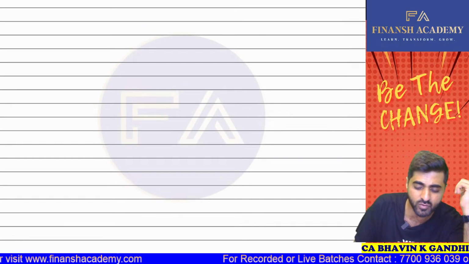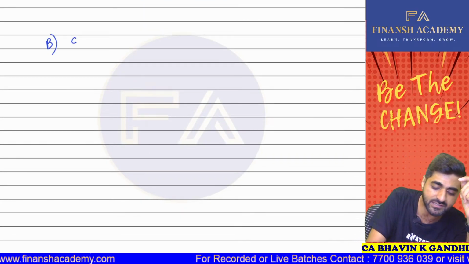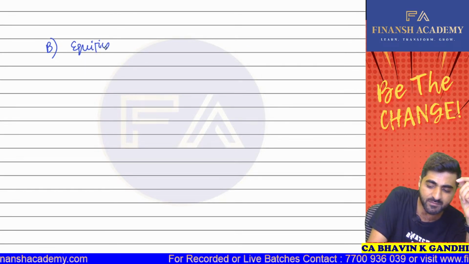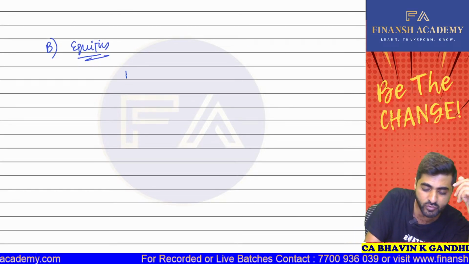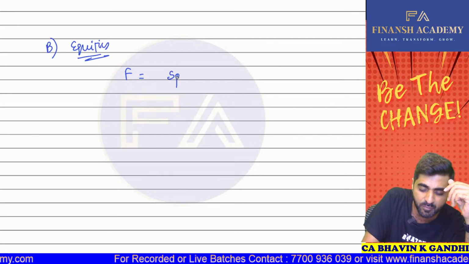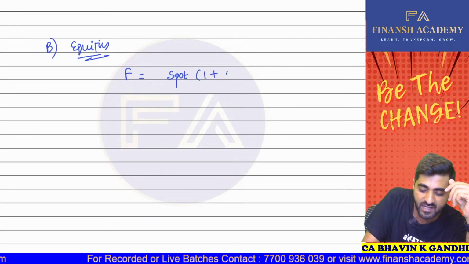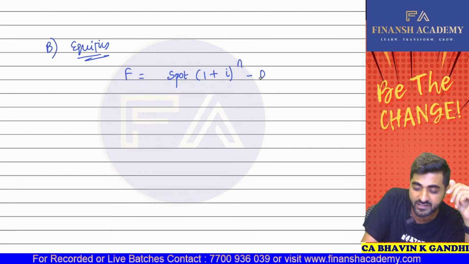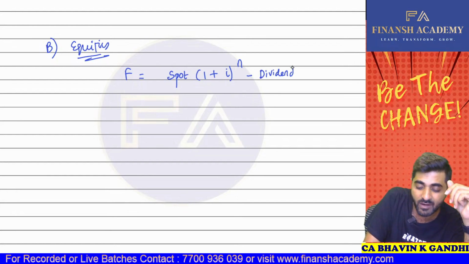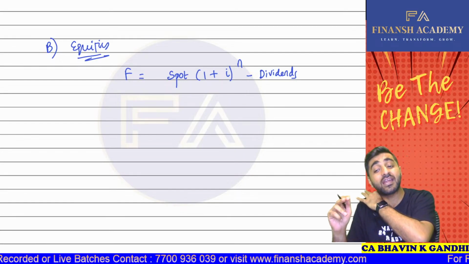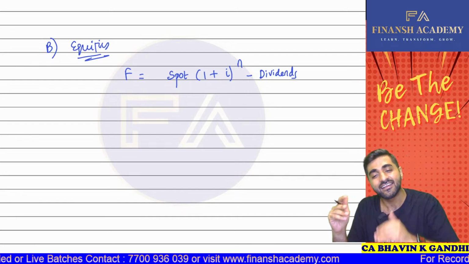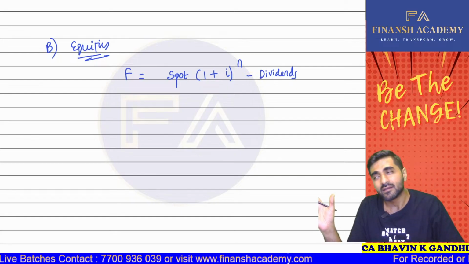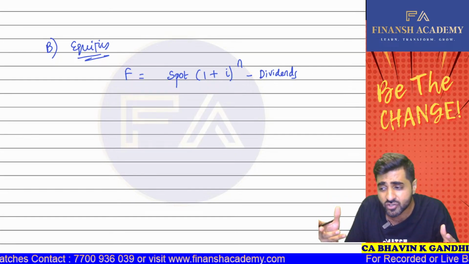Now, my dear students, let us quickly revise your equities. For equities, whenever we are calculating your future price, it is nothing but spot into 1 plus I raised to the power n. Then we have to definitely adjust for dividends. Here it is assumed that dividends are received at the end, so how do we subtract the dividends part? Because definitely there is not going to be any storage cost.